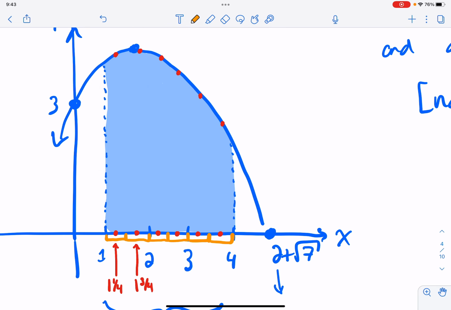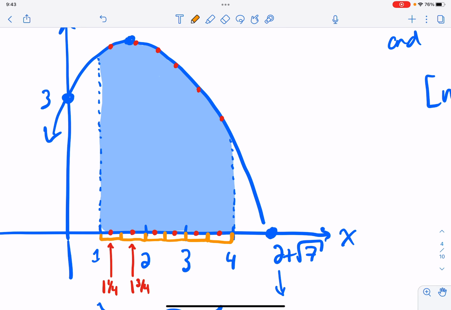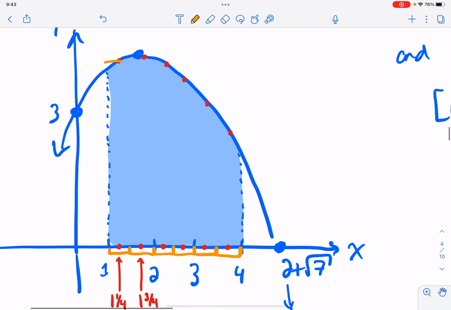So now I can turn around and say, okay, now I need to figure out what my corresponding rectangles are. So it looks like maybe it'll be this one. We'll redo that. There we go.